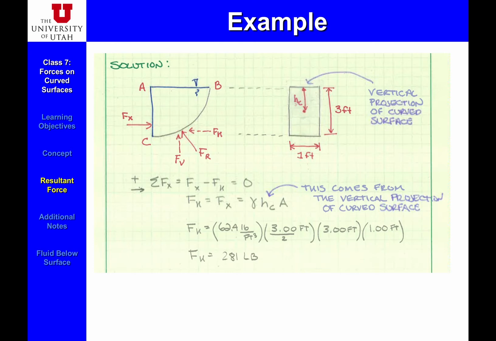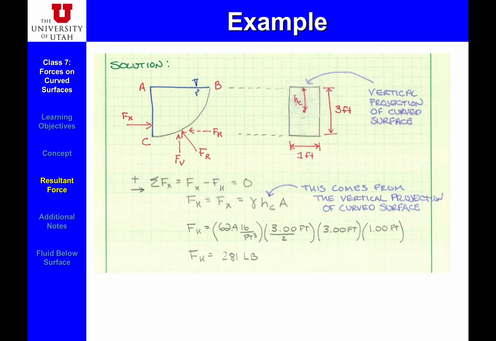So now that we've talked about our free body diagram and our vertical projection, the next thing to do is to sum the forces in the x direction. I've written this so that x is positive to the right. So FX is positive, FH is negative. So we have FX minus FH is equal to 0, because we sum those forces and set them equal to 0.